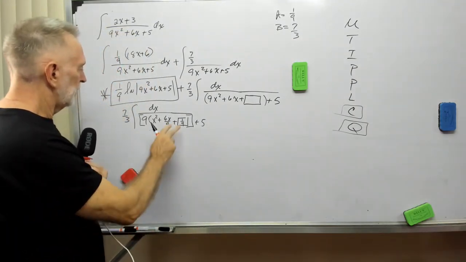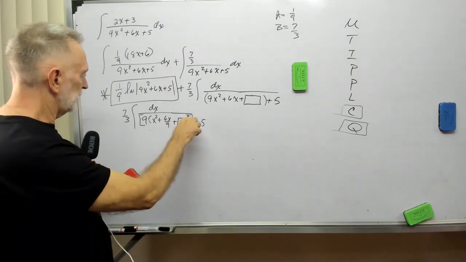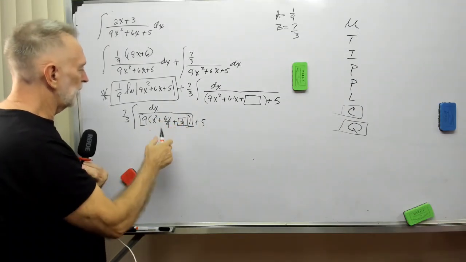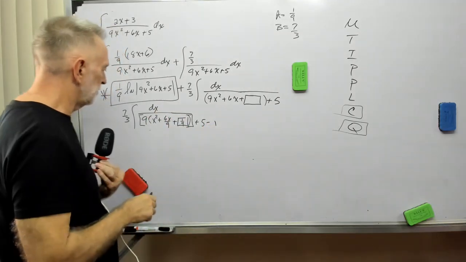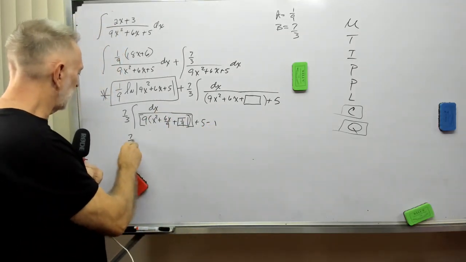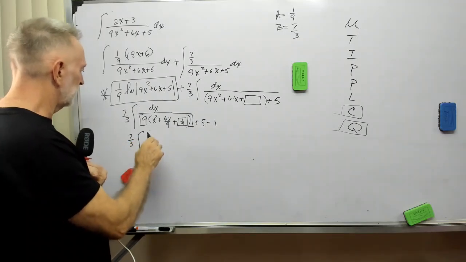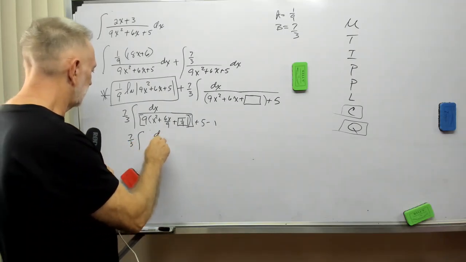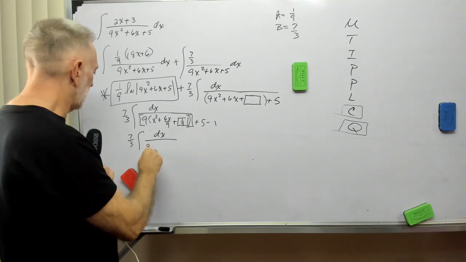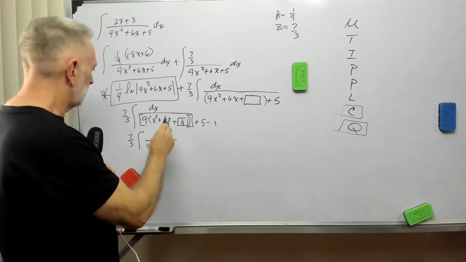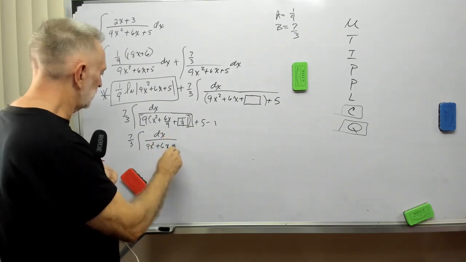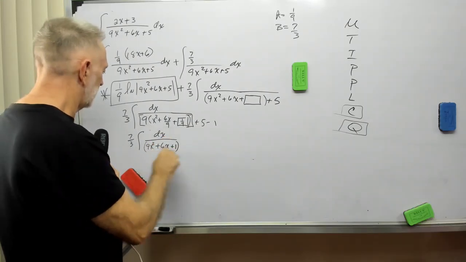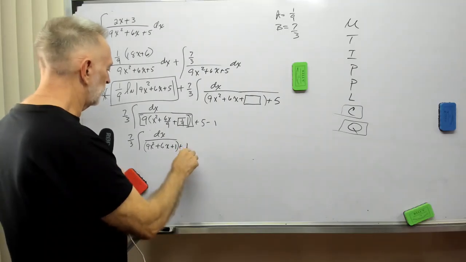Now then, it's within the parentheses 9 times that 1/9, so I'm adding 1, so I need to subtract 1. So I now have 7/3 the integral of dx over 9x squared plus, if the 9's cancel here, plus 6x plus 1 plus 5 minus 1, which is 4.